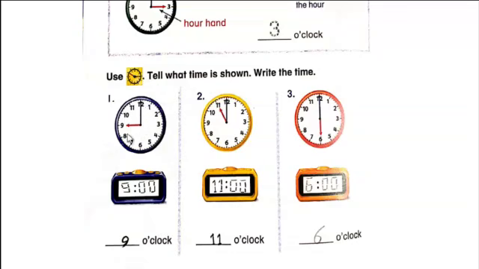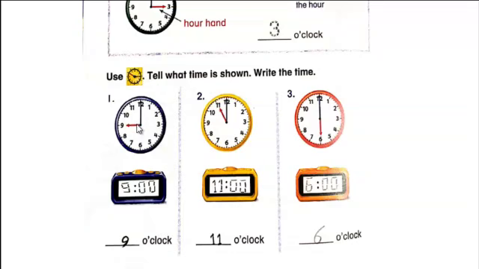When the minute hand points to the 12, it is o'clock. So when you read this, you will say 9 o'clock.